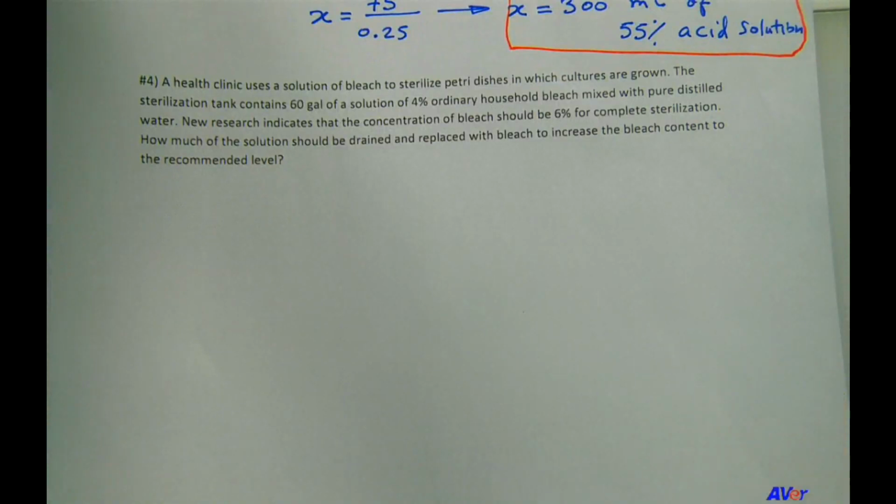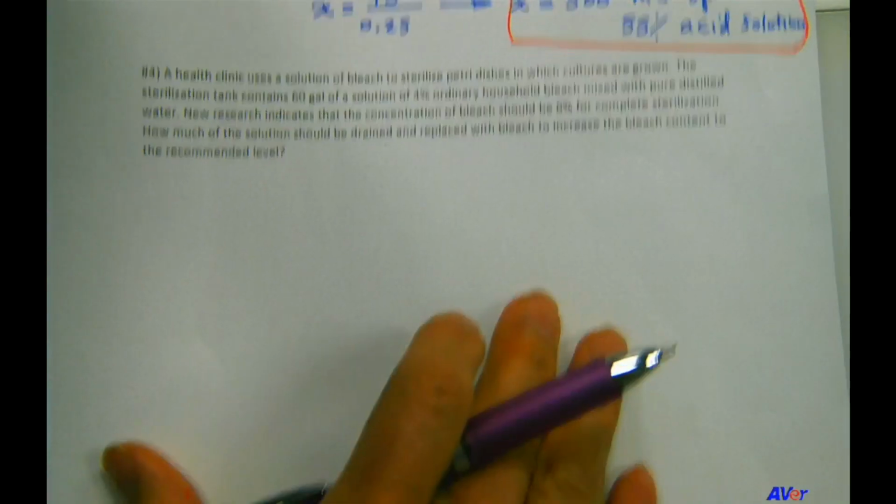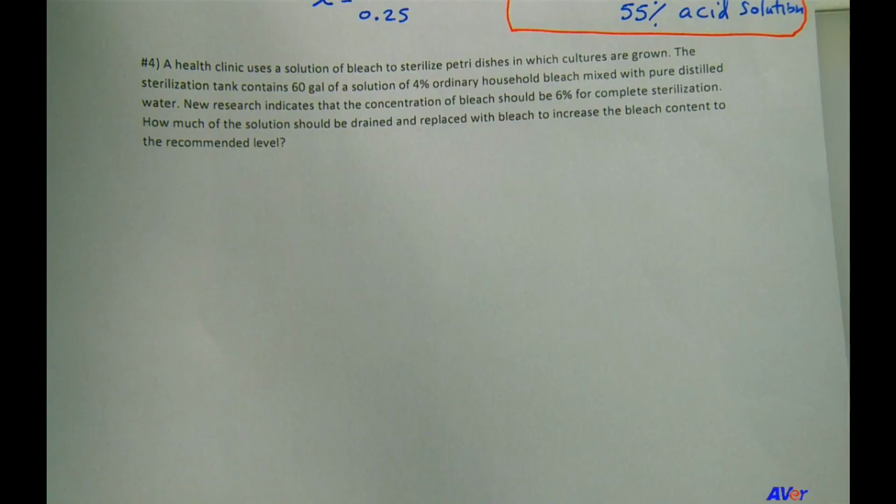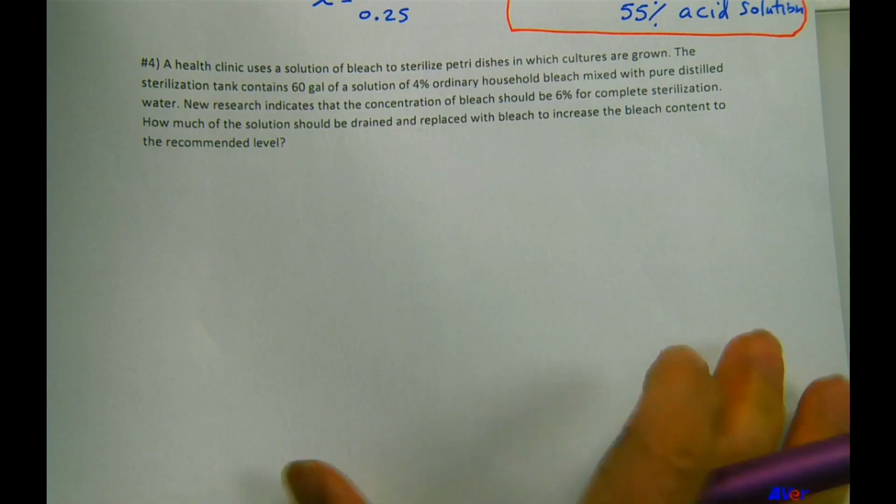Next problem. It says a health clinic uses a solution of bleach to sterilize petri dishes in which cultures are grown.